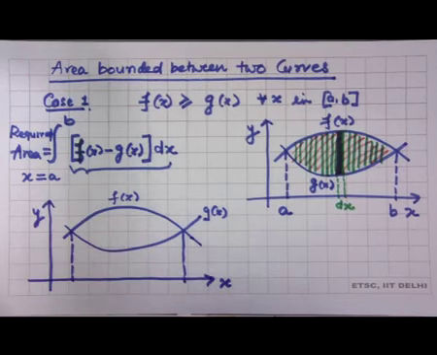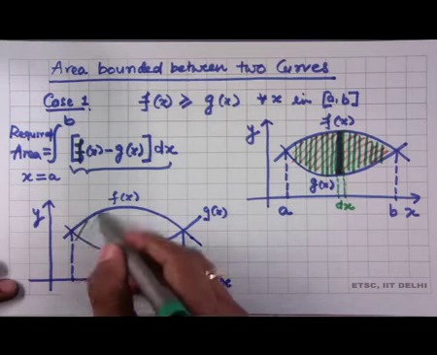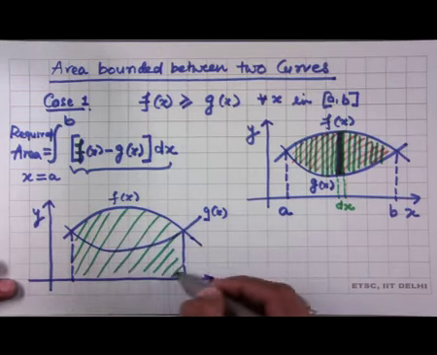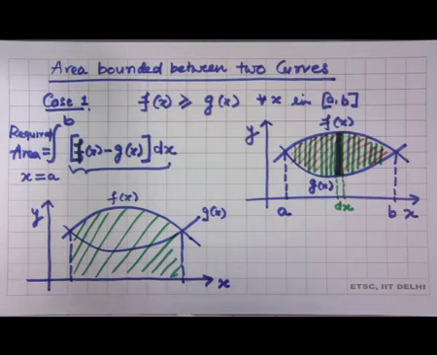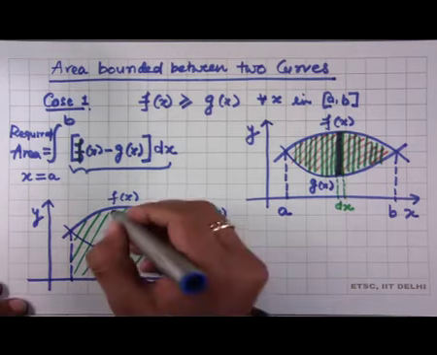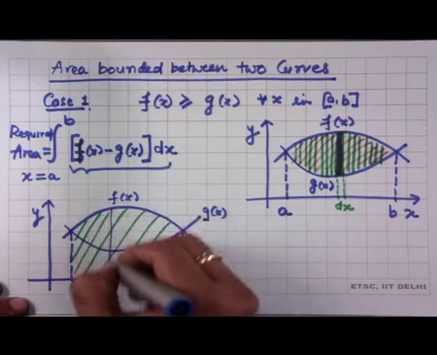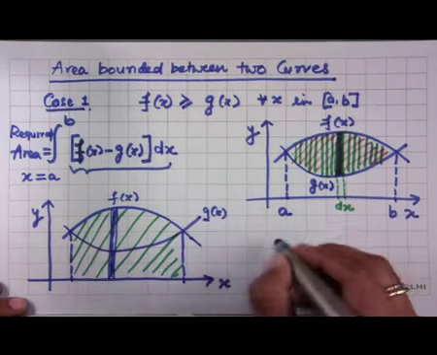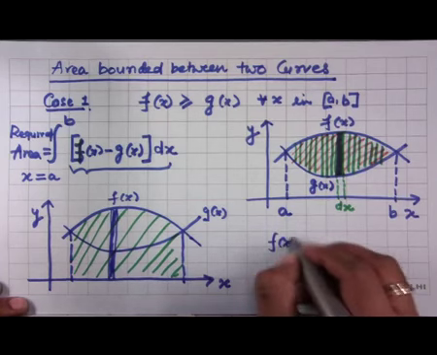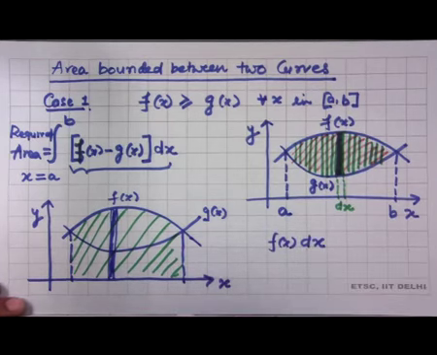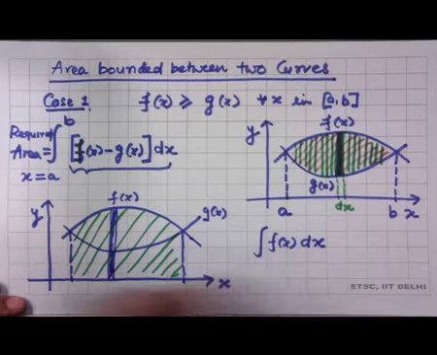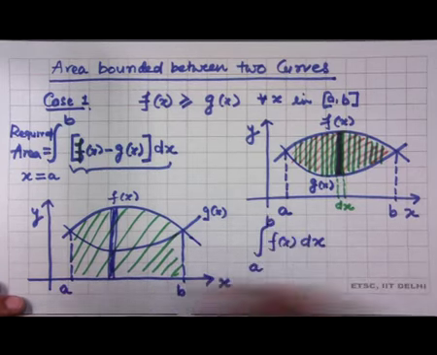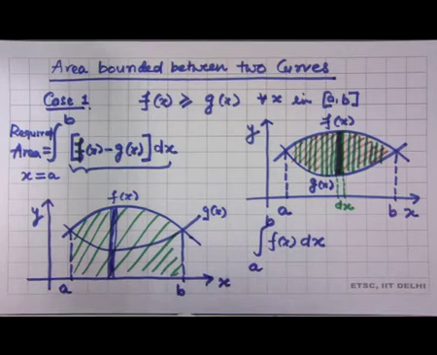So, first let us compute this area. The value of this area will be, if you take this vertical strip, you get f(x) dx, this is A and B. So, this gives you this area shaded by green color.